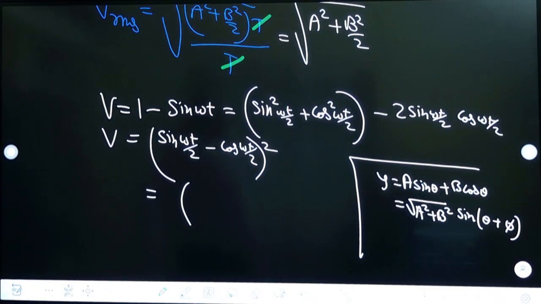A sine theta plus b cos theta, the angle is the same, can be written as root under a square plus b square into sine of theta plus phi. You know this formula or not?